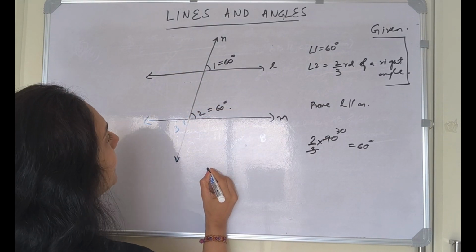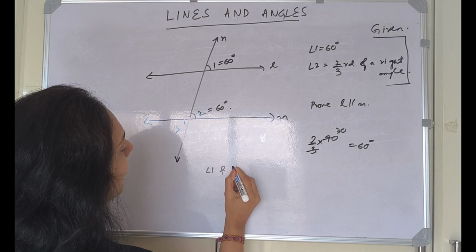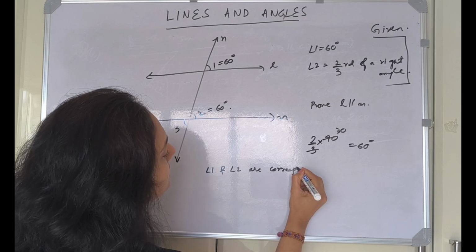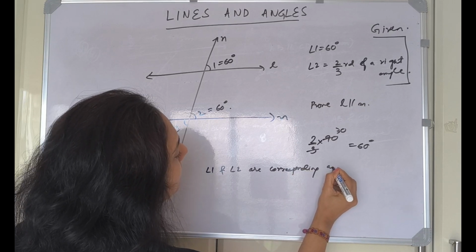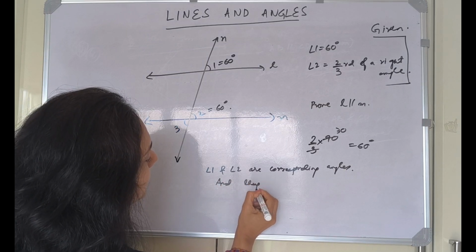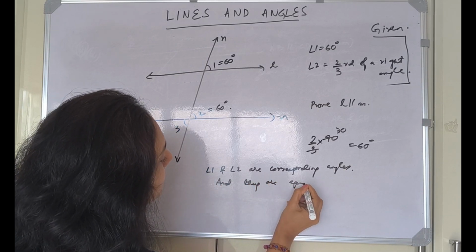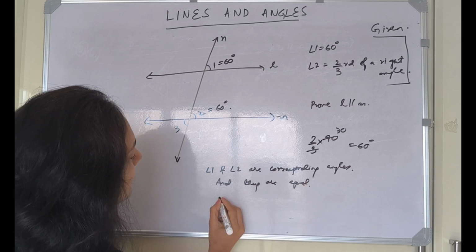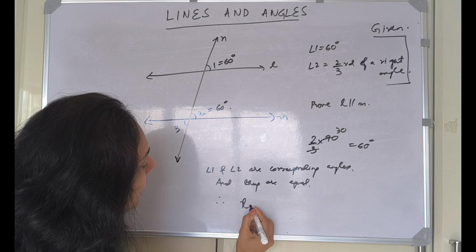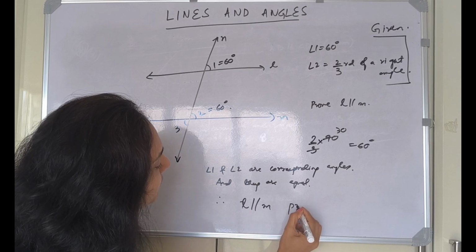So we can write that angle 1 and angle 2 are corresponding angles and they are equal. Therefore L is parallel to M. Proved.